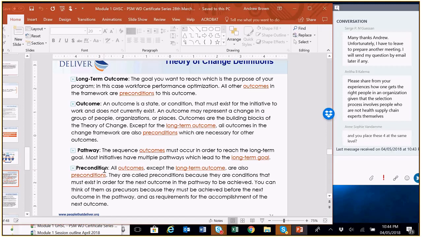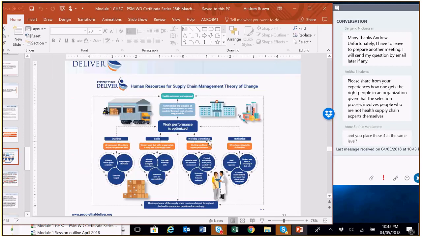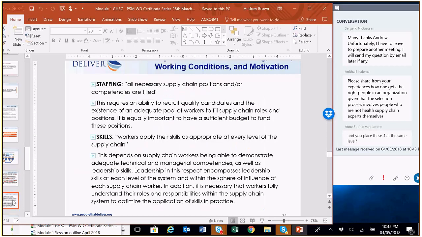The preconditions were the little blue circles at the bottom of the page. So I just want you to know that there is more detail here for you to have a look at a little bit later to understand a little bit more. But the main takeaway message, which you can look at in detail later, is that to optimize work performance in an organization, there are 4 particular pathways in order to make that happen, and all are important.